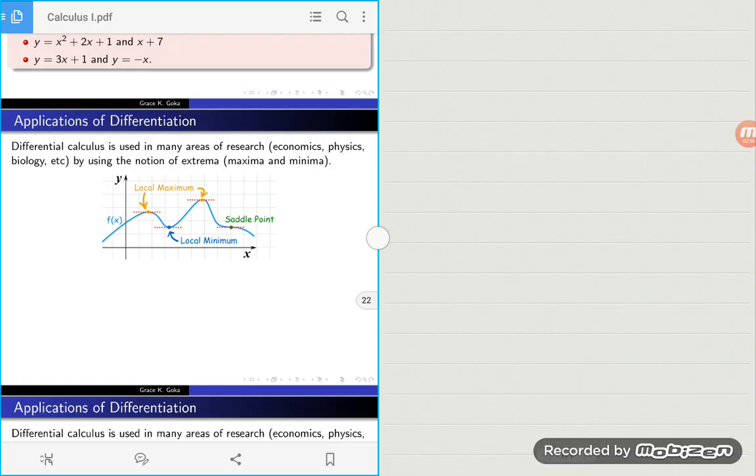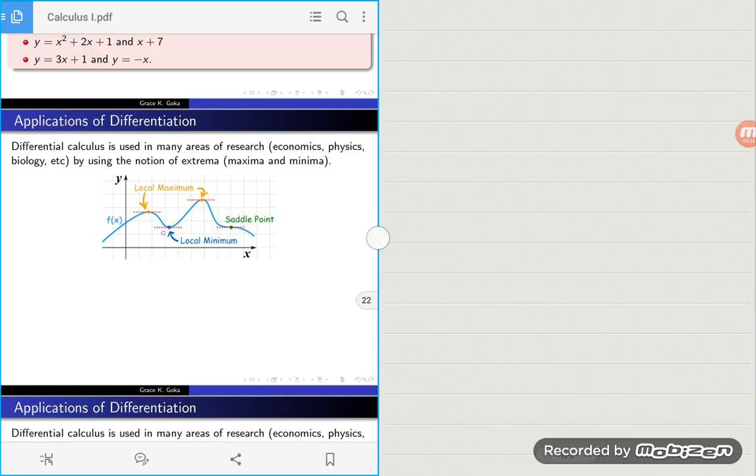Another thing we have to consider is that if we want to determine whether a critical point is a local or relative maximum, then the second derivative evaluated at that critical point must be less than 0, a negative number.